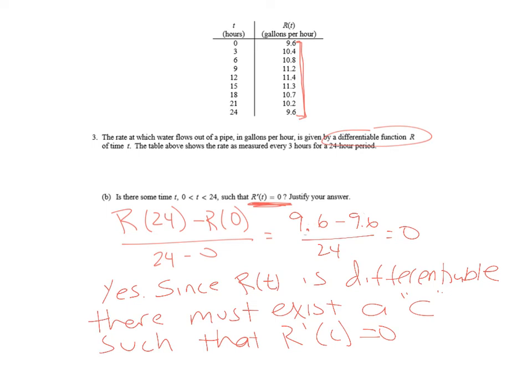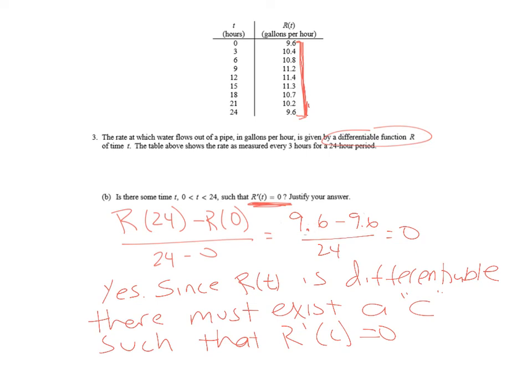Now, if you didn't remember the Mean Value Theorem, you could write an explanation talking about increasing and then decreasing. This is a differentiable function where the rate of change goes from increasing to decreasing, so because it's differentiable, at some point the derivative equals 0. You do not have to actually say Mean Value Theorem.